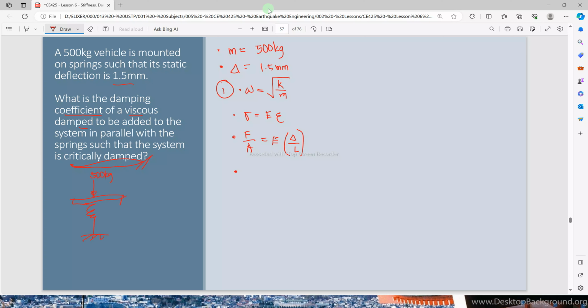And then there is a significant static deflection equal to 1.5 millimeters, which we call delta. So the force here follows Hooke's law: the resisting force is the weight of the vehicle, which is the mass times the gravitational acceleration, over the area, is equal to the elasticity times the displacement over the length.